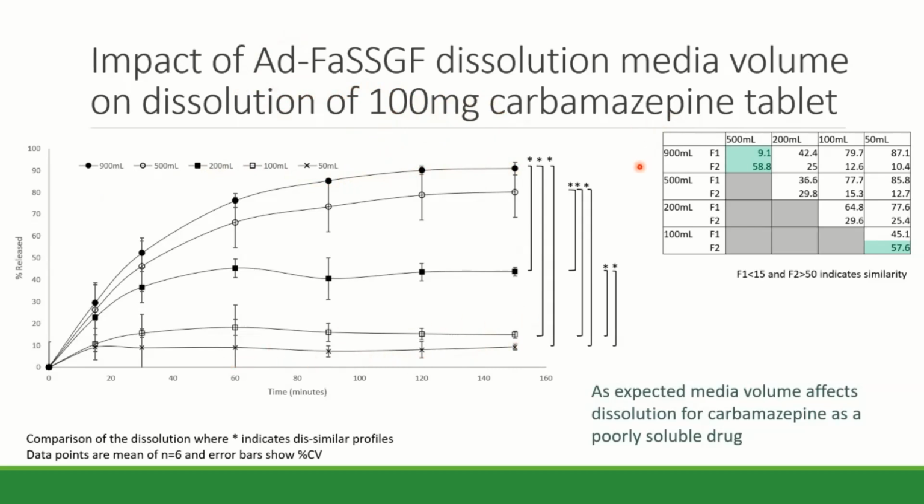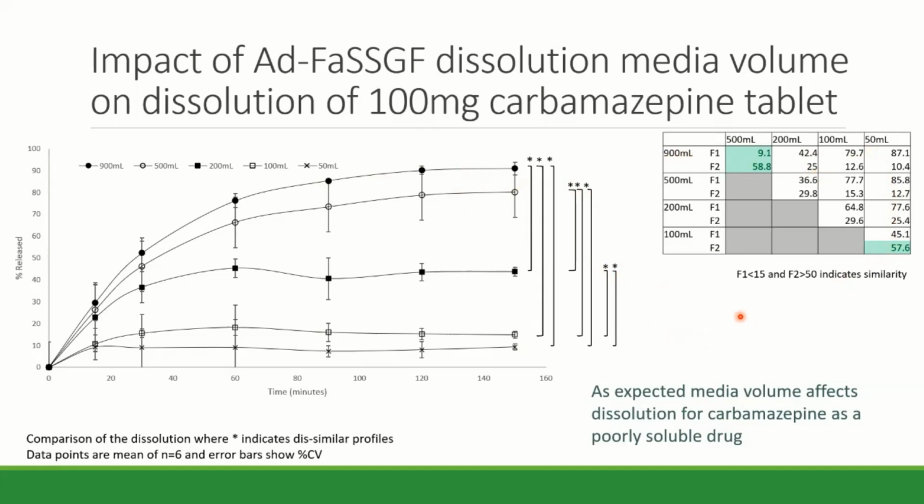We use the F1 and F2 statistic to look for statistical similarities or differences between the profiles. And in this table, we can see that actually statistically, the dissolution at the 900 and the 500 was similar, whereas there were differences between most of the other volumes. And again, this is shown, the significant differences are shown by these lines here.